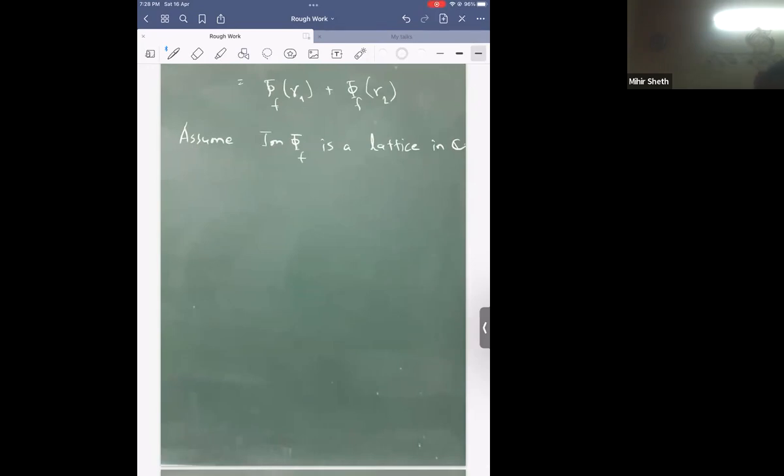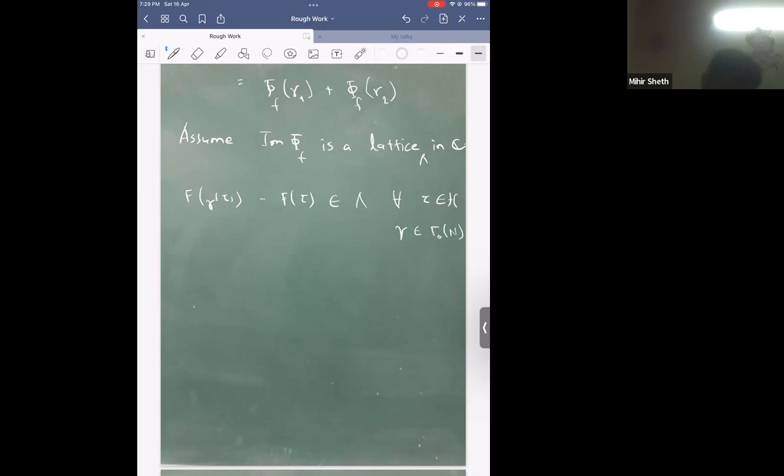If I assume this, then f of gamma of tau minus f of tau belongs to the image of phi, a lattice lambda, for all tau in the upper half plane and gamma in gamma 0 of N.